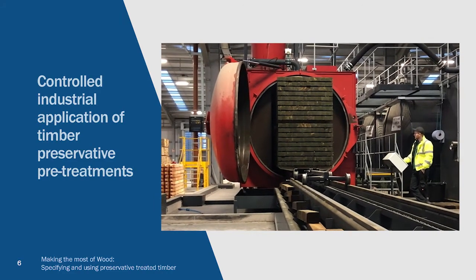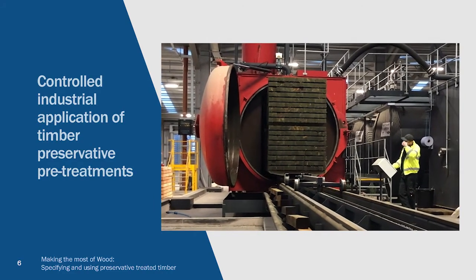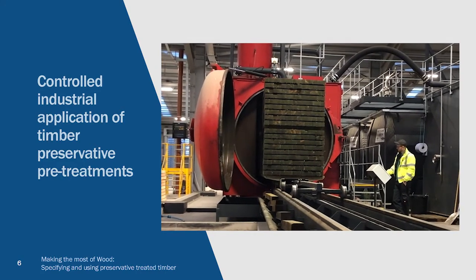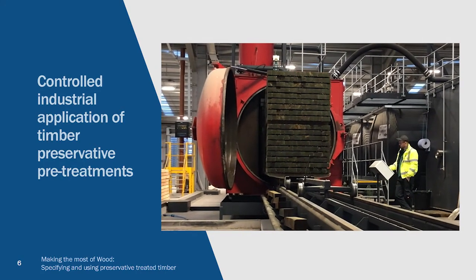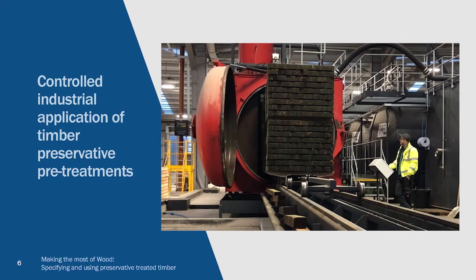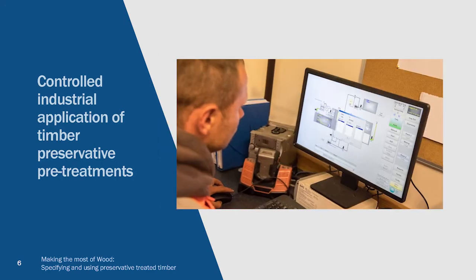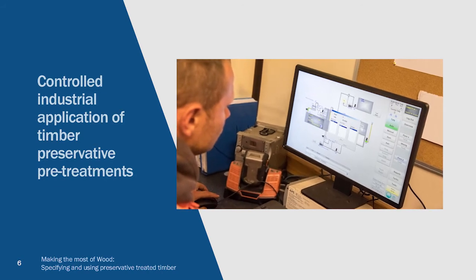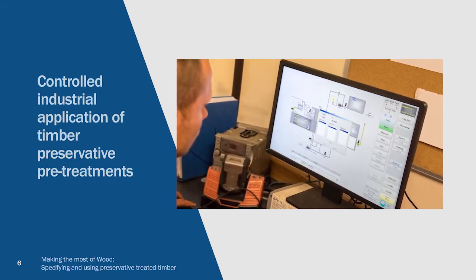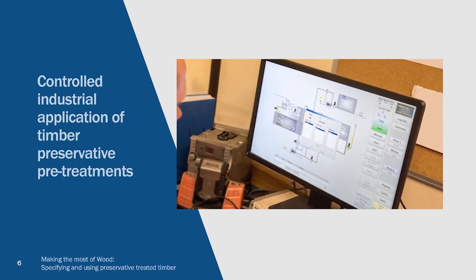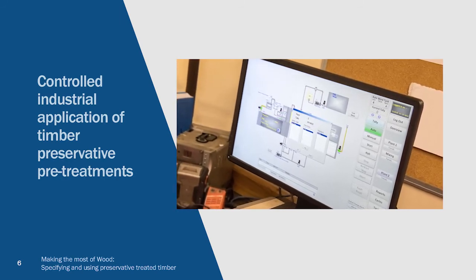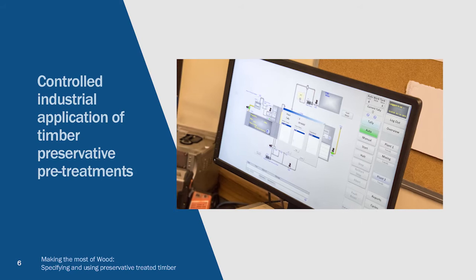There's no wastage of preservative or risk to the environment, and human exposure during the process is prevented. Plant control software systems significantly enhance quality control and data reporting around the treatment operation. Depending on the specification, differing amounts of preservative are impregnated into the timber.